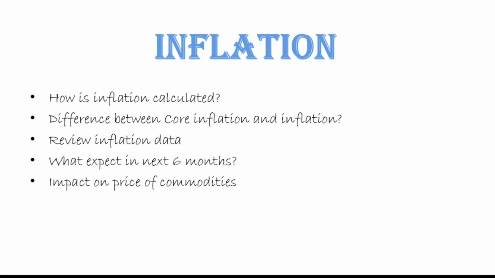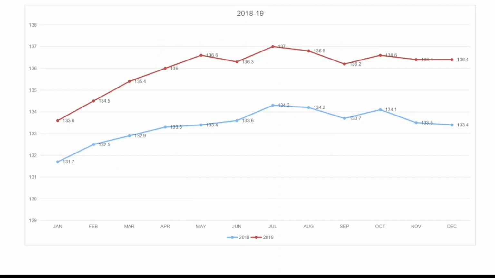And now let's review the inflation data from the last couple of years. The first data I'm comparing is for 2018 and 19. The blue line here is the 2018 data, and the red line is the 2019 data.